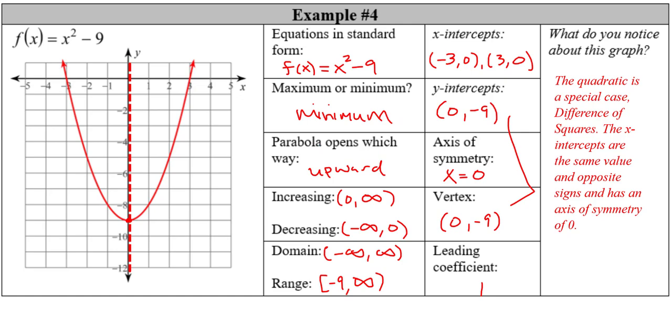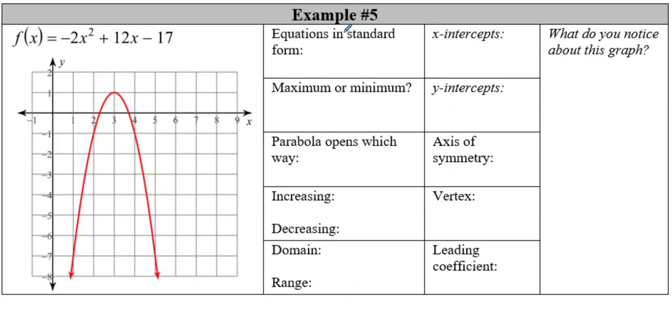All right, and then last but not least, we got example number 5. If we take a look, let's go ahead and fill in what we can fill in. We know that this is going to be -2x squared plus 12x minus 17. Looks like we have a maximum, so I'm going to write that in.